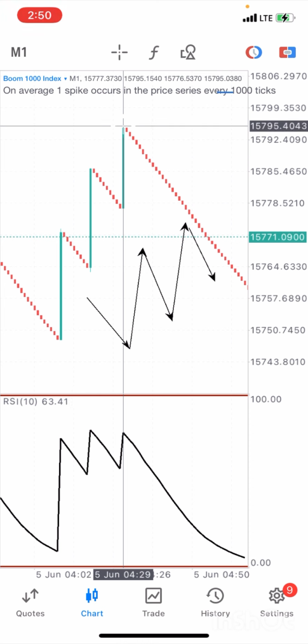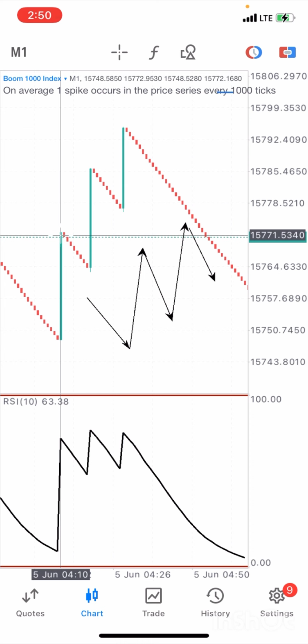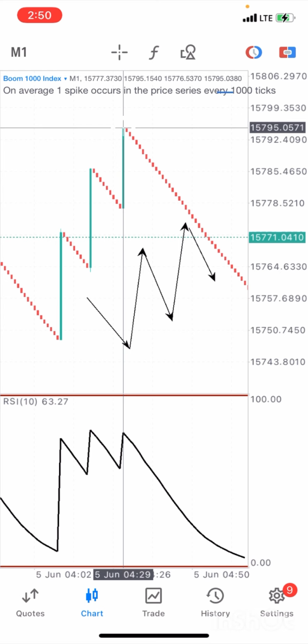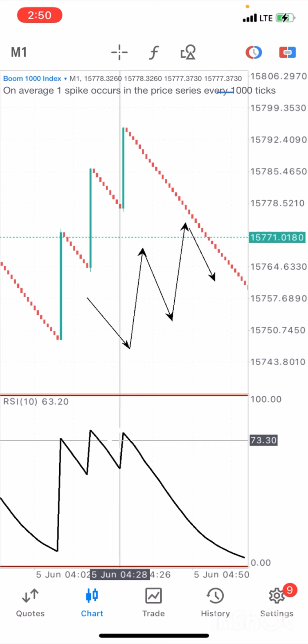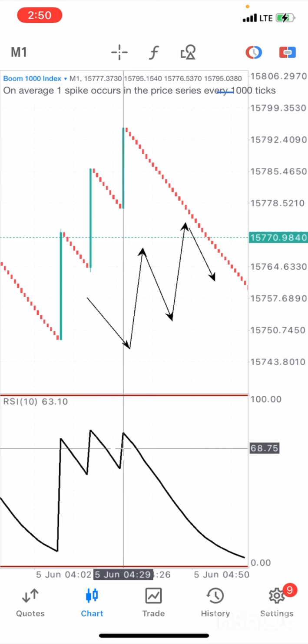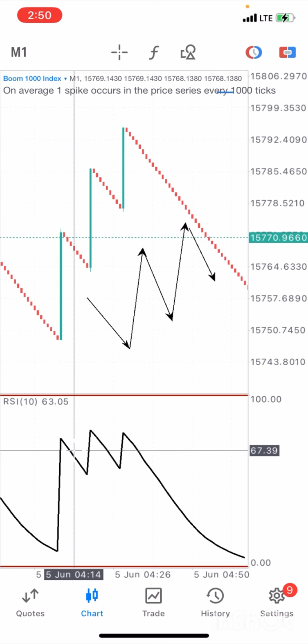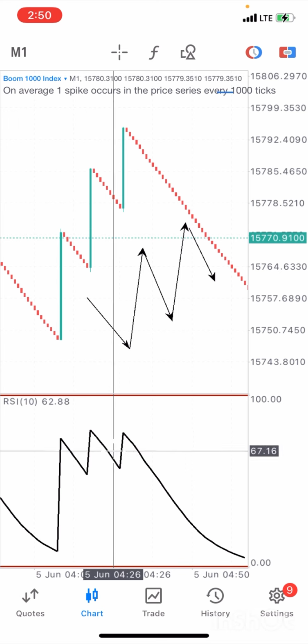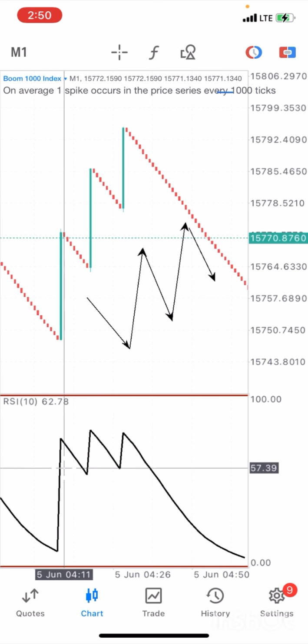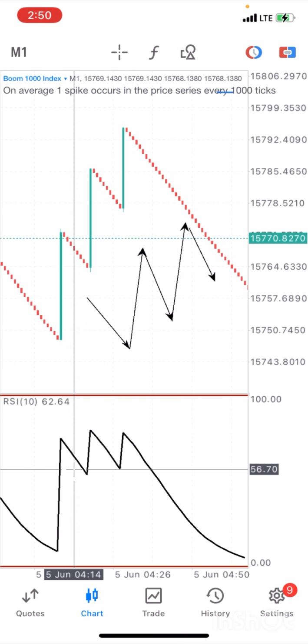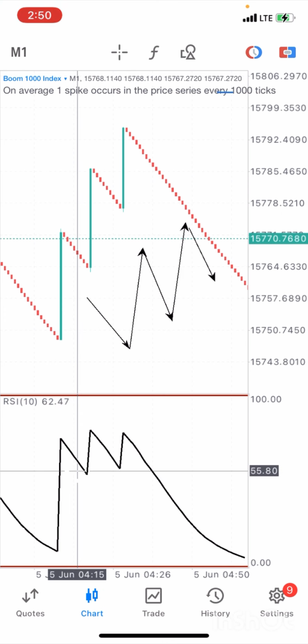Now having seen the market print higher highs on your main chart, at the same time, look at the indicator window. If you notice that the RSI, the black line in your RSI here, is not following what you are seeing on the main chart, the market is telling you something.